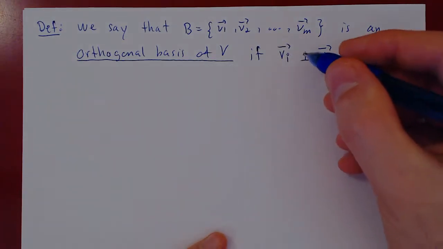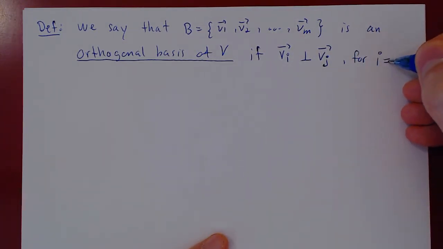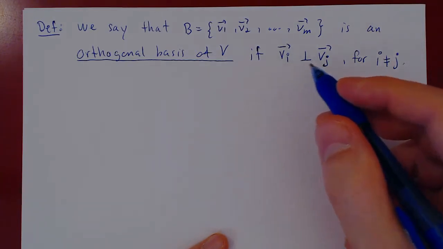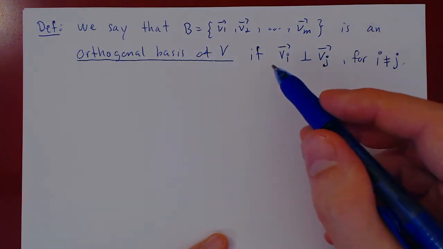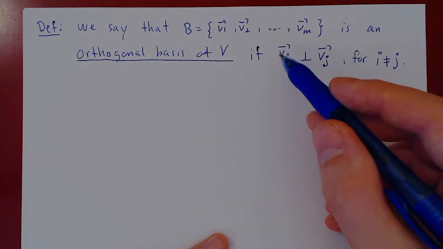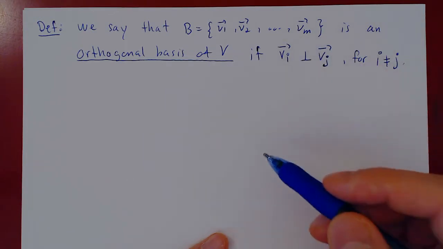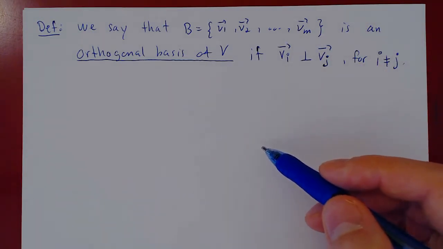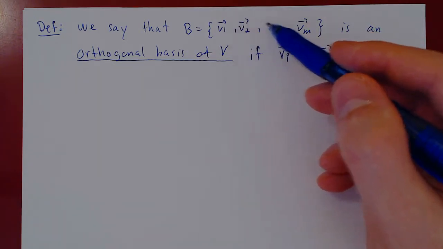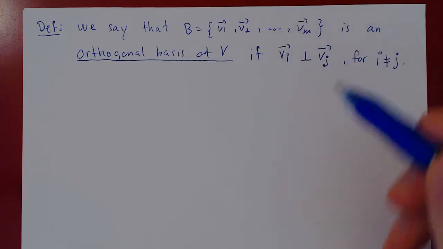Therefore, vi is orthogonal to vj for i and j being different. You can say this as the vectors are pairwise orthogonal. So any choice of two distinct vectors is perpendicular to each other. That is an orthogonal basis. Every vector in the basis is orthogonal to every other vector in the basis.